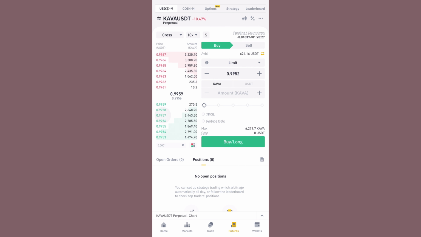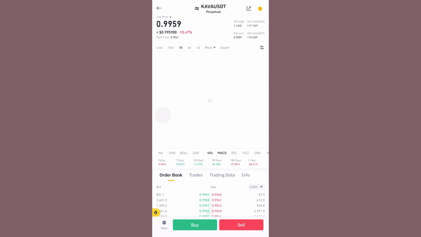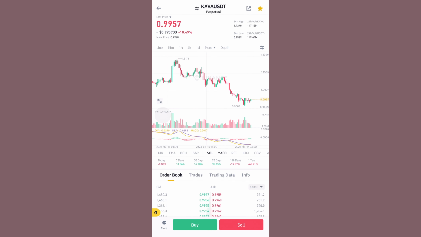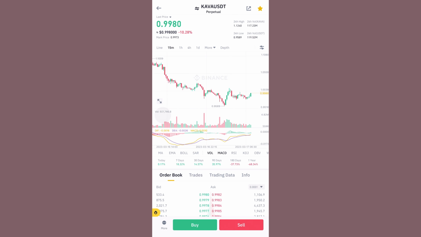At the top of the screen, just below the leaderboard, you will see two candlesticks there. Click on it and it will open. Now, this is the field where you would have to make your analysis. You can see that it is on the 1 hour time frame. You can change it to the 15 minutes and it would adjust.